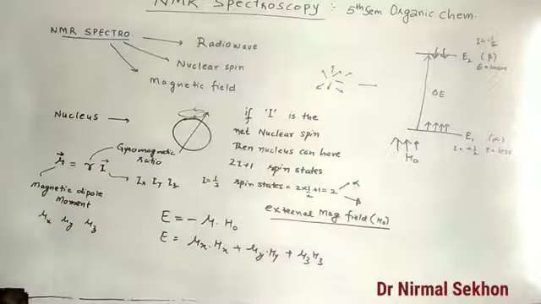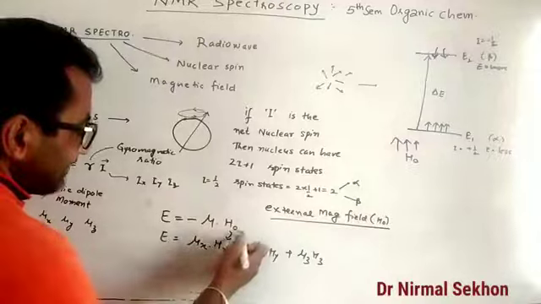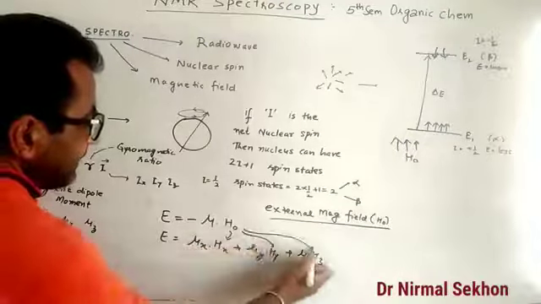Dot product means we can write it like this. Here H0 is the external magnetic field, and that also splits into three components, Hx, Hy, Hz.